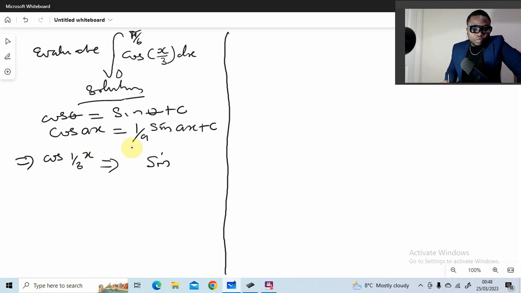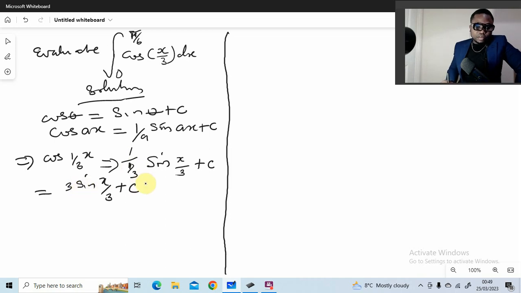So that will be 1 divided by 1 over 3, sine of 1 over 3x, which is x over 3, plus constant. By the law of indices, you turn it up: 3 multiplies 1, you now have 3 over 1, which is 3, sine x over 3 plus c.